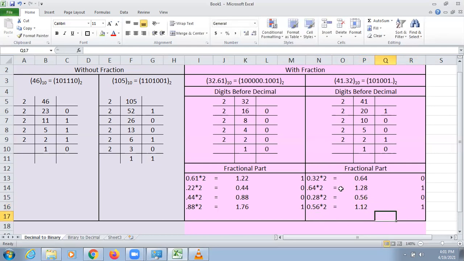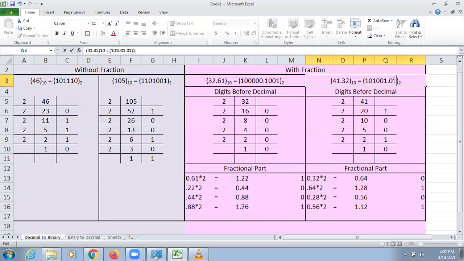We can stop here because we have already calculated till 4 points and we are not getting the same number from where we have started. Right, so it means we can stop here, but this time again you have to write the answer from top to bottom, that is 0101. So after decimal here you will write 0101.